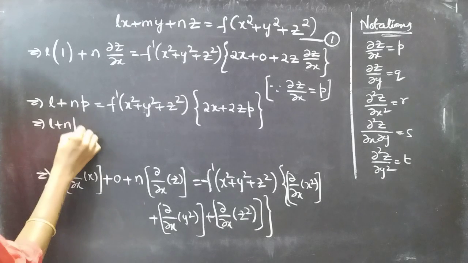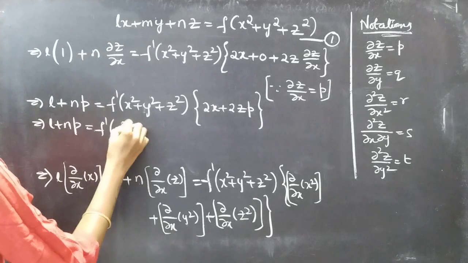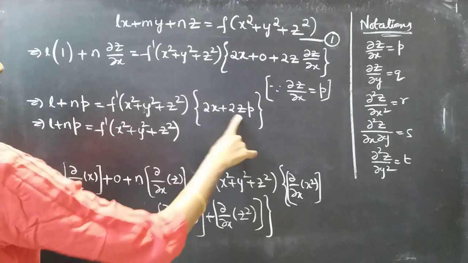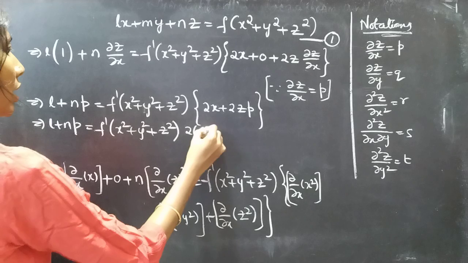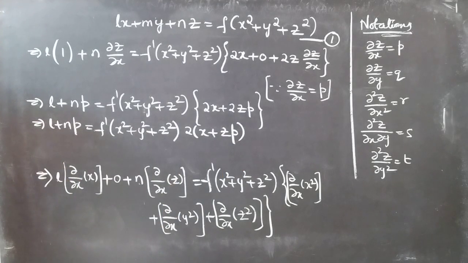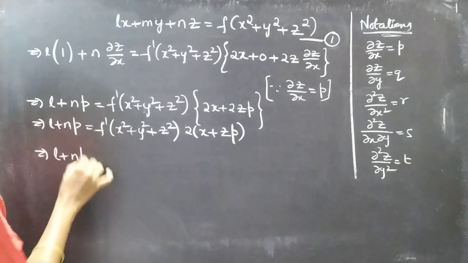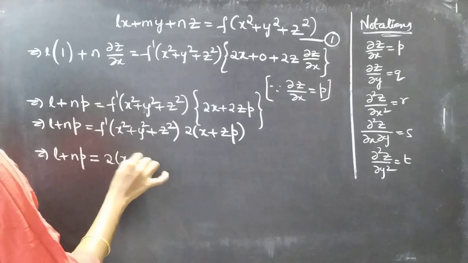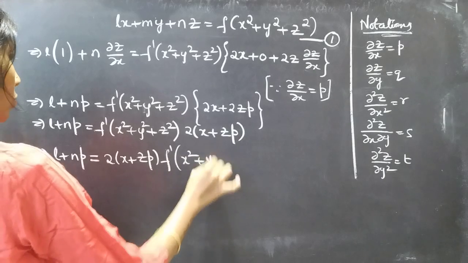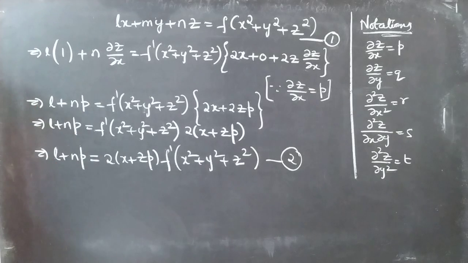Again, we'll write this as l plus np equal to f dash of x square plus y square plus z square into, taking 2 common from these two terms, 2 into x plus zp. Or we can write this as l plus np equal to 2 times x plus zp into f dash of x square plus y square plus z square. Consider it as equation number 2.